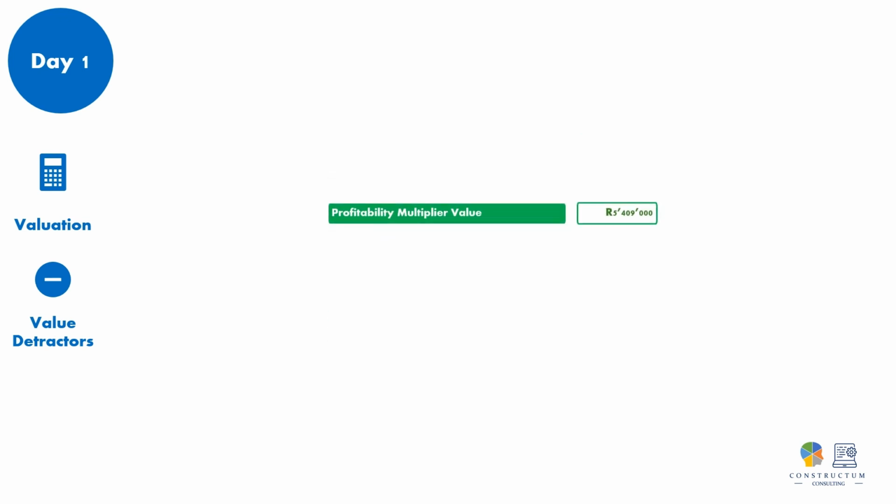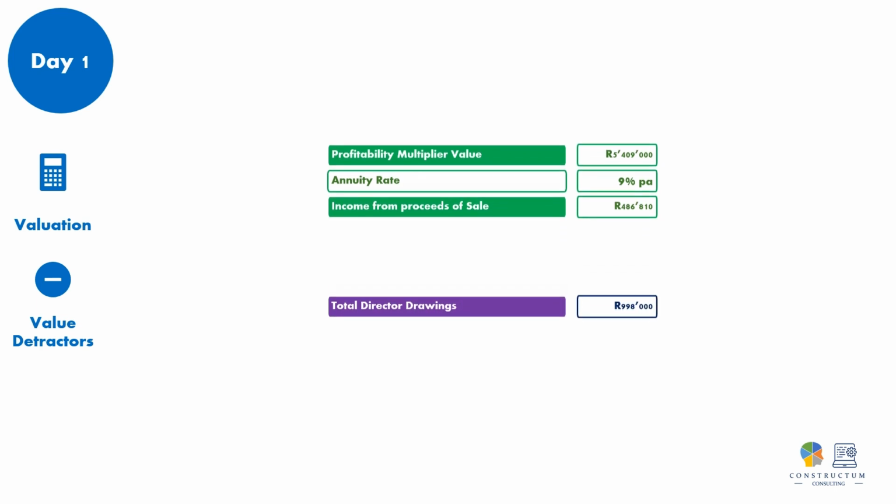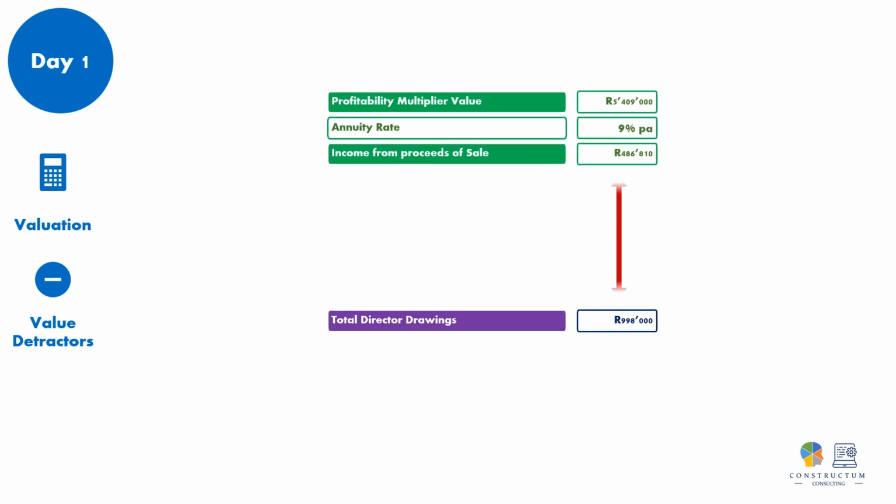Applying the same method and annuity rate as before, but by doing so now in reverse, we may calculate the potential earnings that the director can generate by investing the proceeds from the sale of the business as just over 486,000 Rand per annum, which is well short of the current income that the business generates for the director.